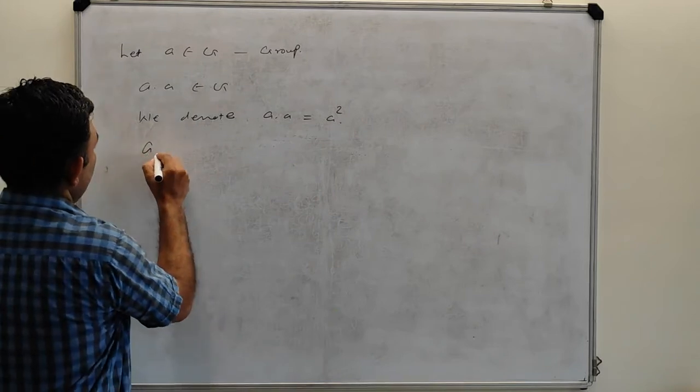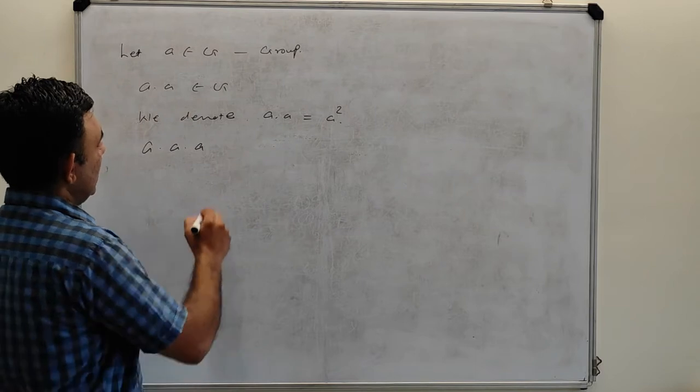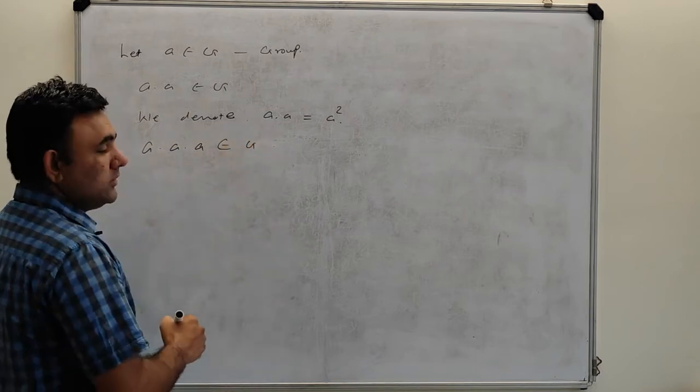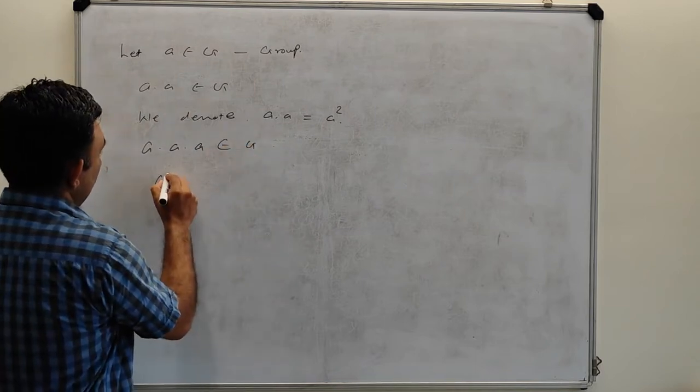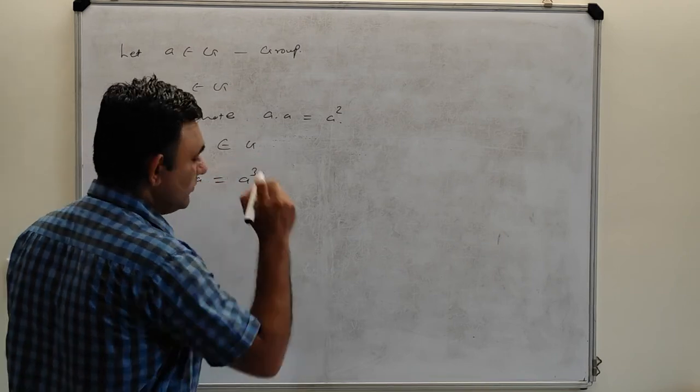Similarly, a dot a dot a will again be an element of G, so we write a dot a dot a is equal to a cube.